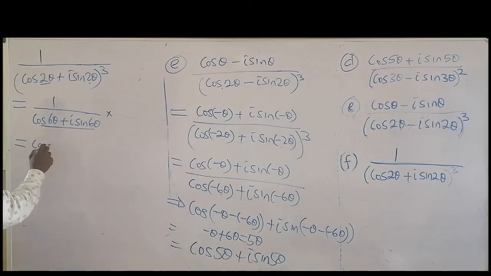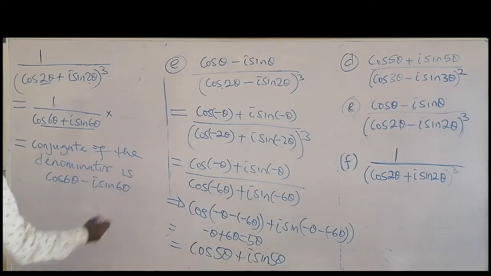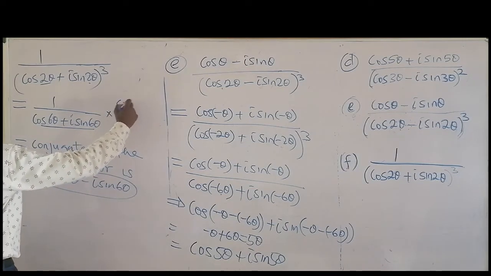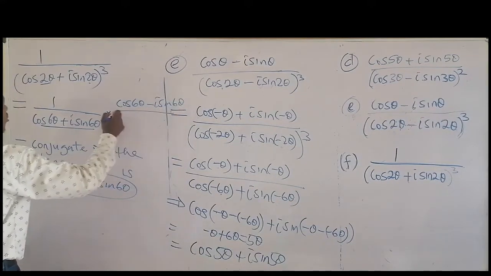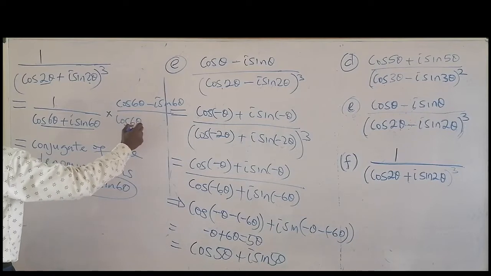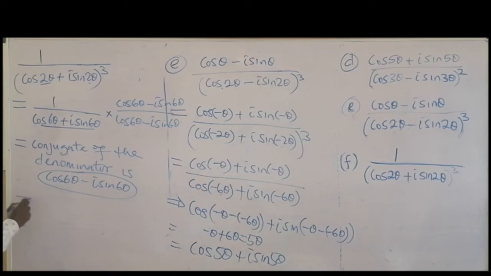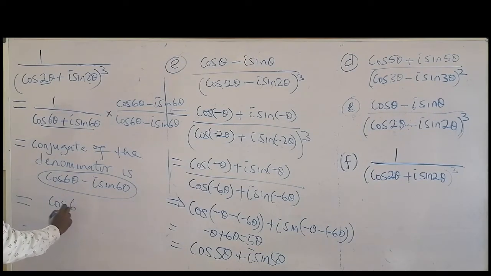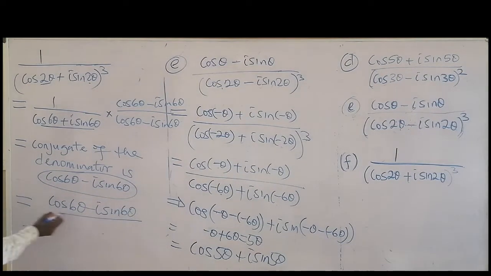The conjugate of the denominator is cos 6 theta minus i sine 6 theta. So we multiply the fraction by cos 6 theta minus i sine 6 theta all over cos 6 theta minus i sine 6 theta. So we now have 1 times this, that will be cos 6 theta minus i sine 6 theta.